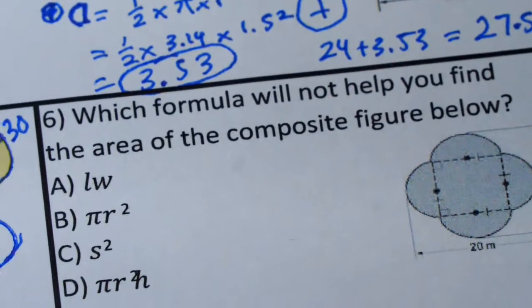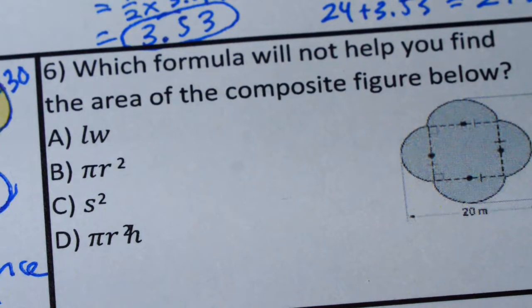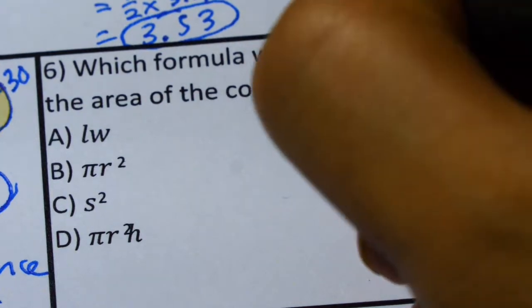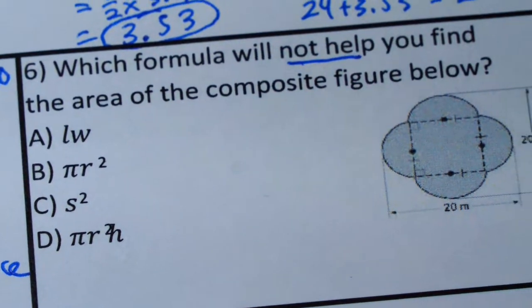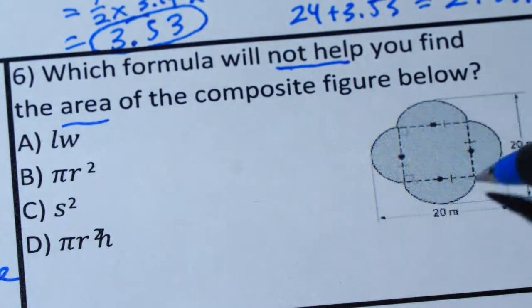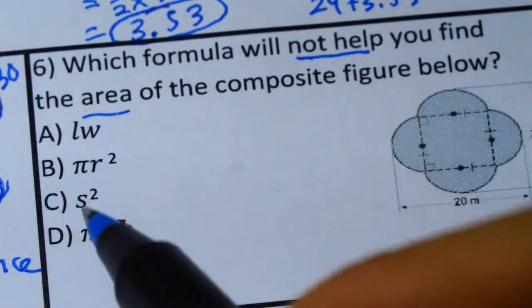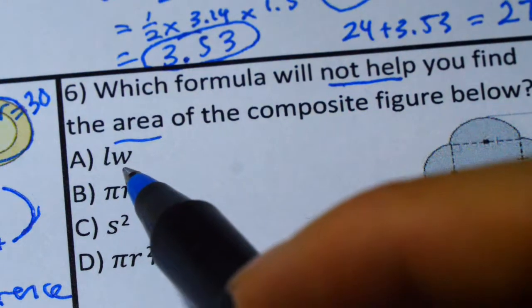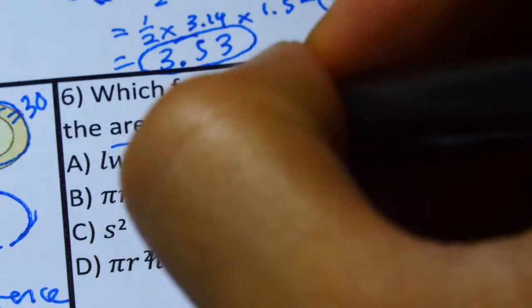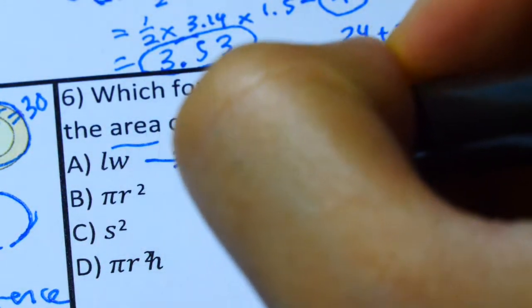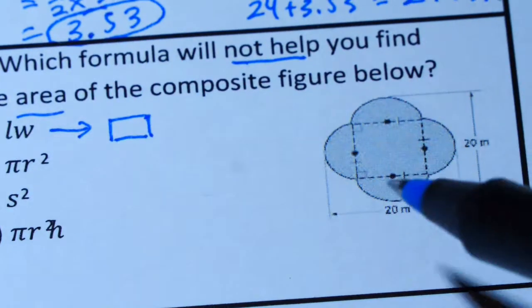Okay. Question 6. Which formula will not help you find the area of this composite figure, this shape. Okay, so let's look at these A, B, C, D. A, length times width. This gives the area of a rectangle or a square.